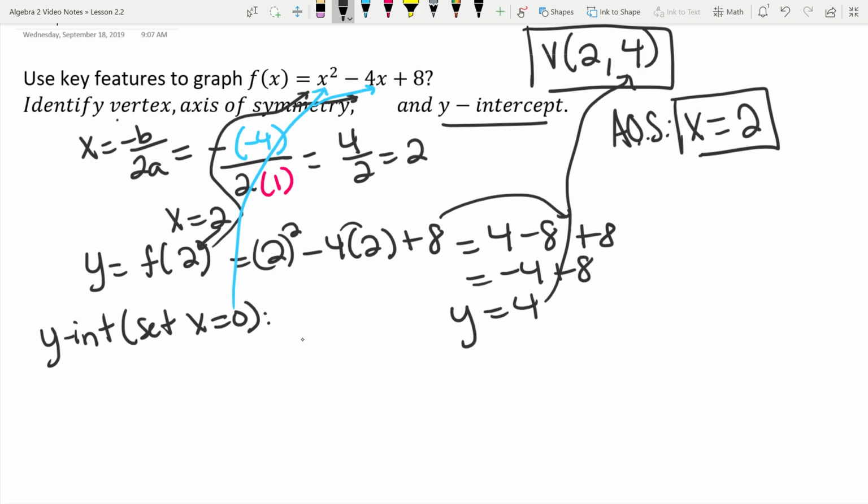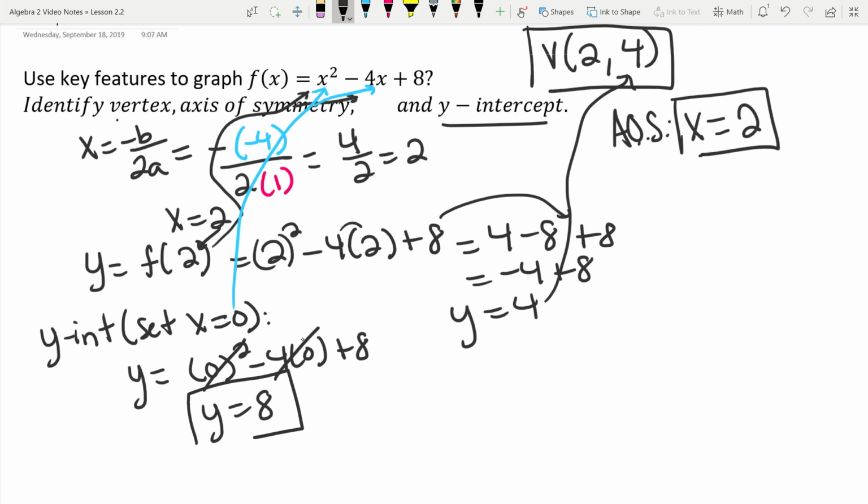So we get y equals 0 squared minus 4 times 0 plus 8. So this is just 0, that's 0. 0 plus 8 is 8. So y equals 8. So our y-intercept equals 8. Okay, so those are our 3 features.